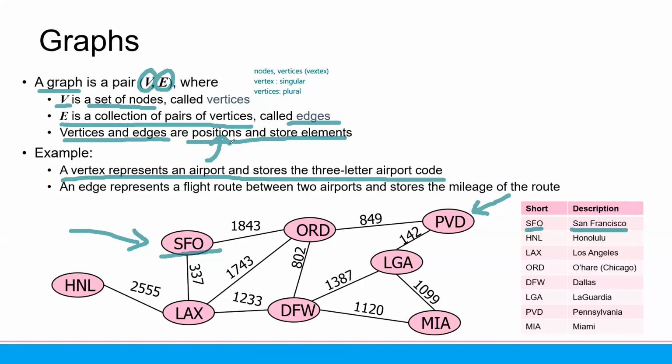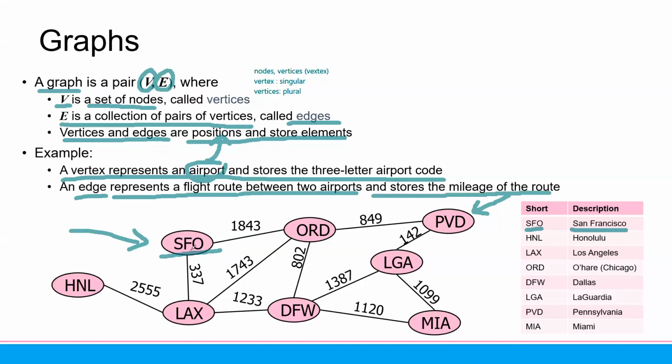Okay, we have the position class to create the key in the priority queue. If we have vertex as the airport, what is the edge? The edge represents a flight route between two airports and stores the mileage of the route.